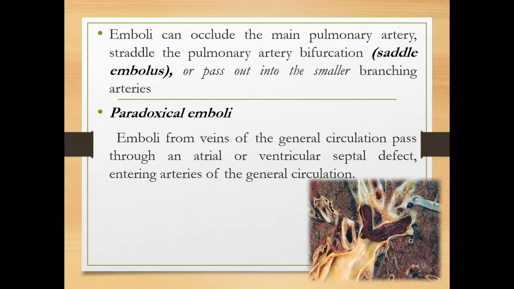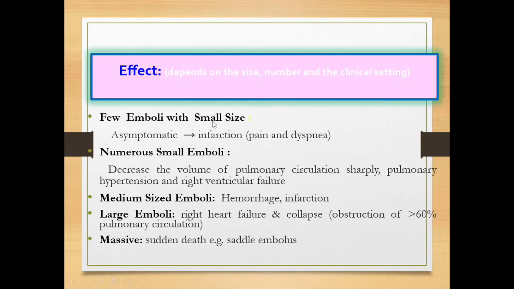What are the effects? The effects depend on the size, number, and clinical setting of the emboli. Few emboli of small size are basically asymptomatic. A little bit of infarction, pain, and dyspnea would be there. Numerous small emboli decrease the volume of pulmonary circulation sharply.